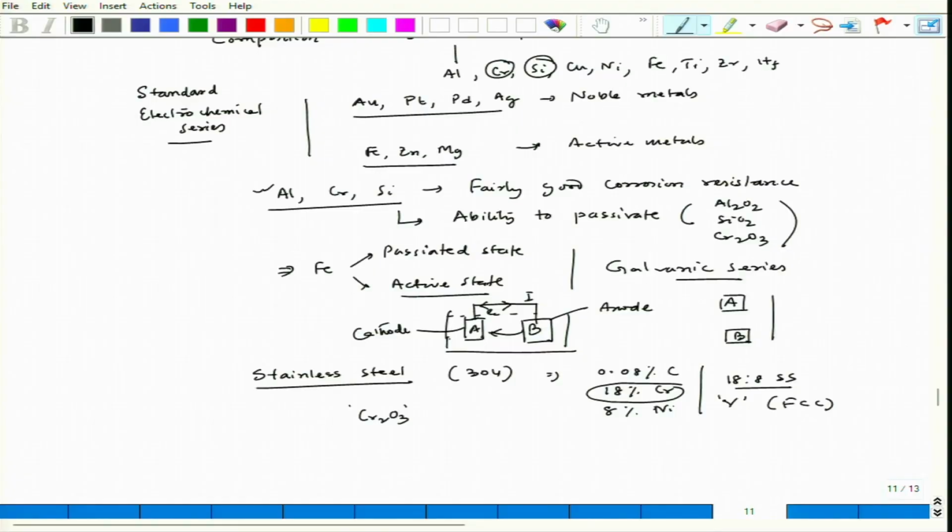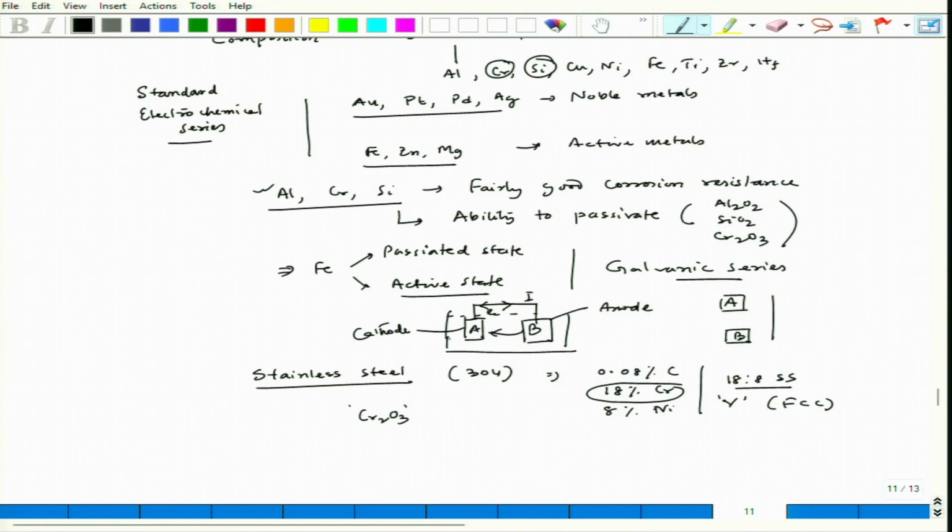That is why it does not have stain. A stain is nothing but the rust, and the rust has a typical brownish or blackish brown color whenever it forms on iron. Because of that chromium addition, it gives you that property of stainlessness. This is a typical compositional effect.